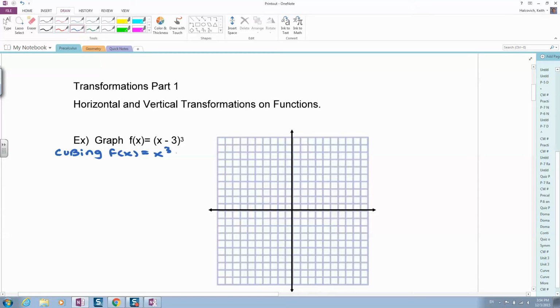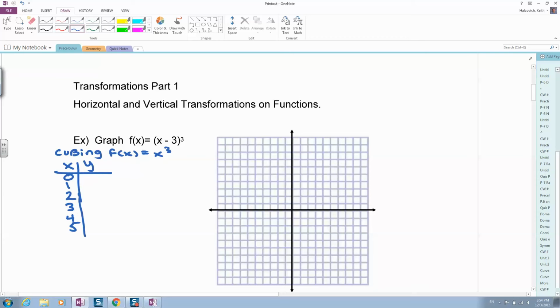Let's say you just made a table. Let's do just positive numbers, like 0, 1, 2, 3, 4, and 5.